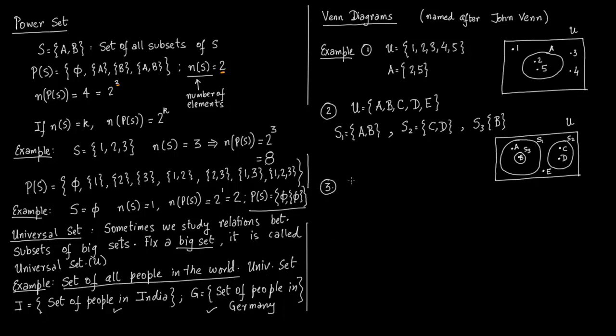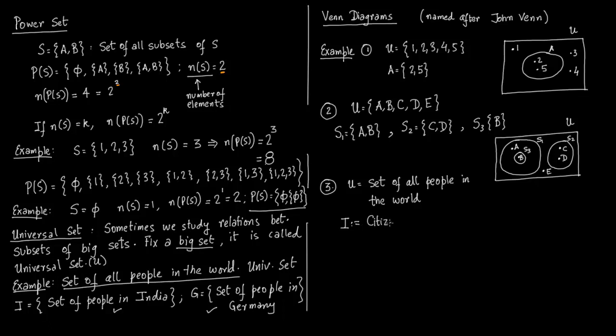Number 3. U is the universal set of all people in the world, and we will have 2 sets: I as citizens of India and G as citizens of Germany. Since the Government of India does not allow dual citizenship, these are distinct sets, that is, citizens of India are disjoint from citizens of Germany.